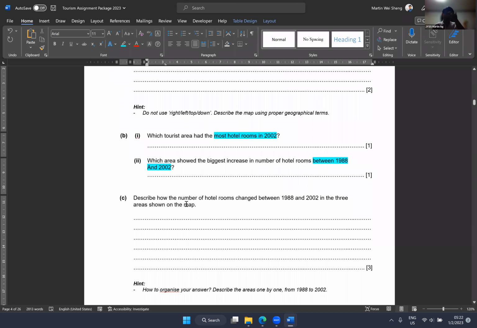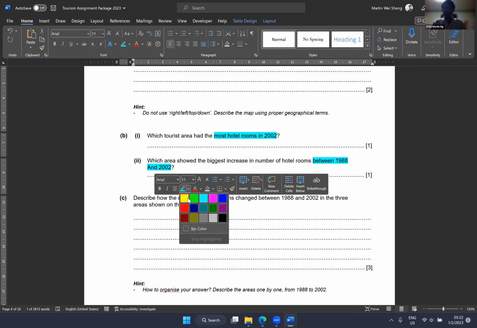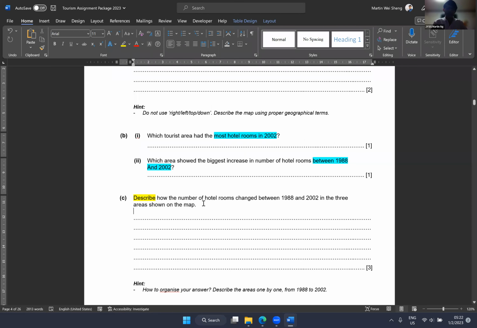Right, now question C. Describe how the number of hotel rooms changed between 1988 and 2002 in the 3 areas shown on the map. Now follow your GAS format. So in general, what is the change among all the 3 areas? Then you can go down to the specific changes. Probably like say in area 1, what are some specific changes? Area 2, what are some specific changes?